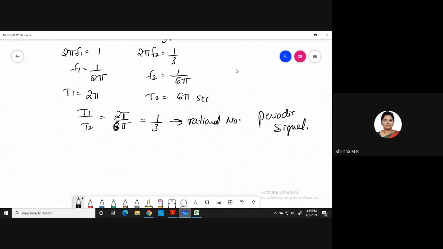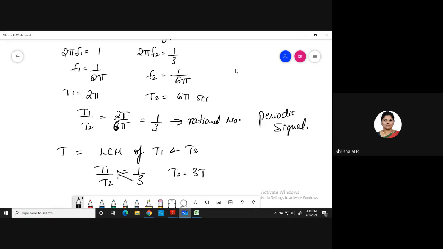How do you calculate the fundamental period? You can take the LCM of T1 and T2 to find T, or you can take the simplest ratio, that is T1 by T2, which is equal to 1 by 3. So T2 is equal to 3T1. So this is your fundamental period.